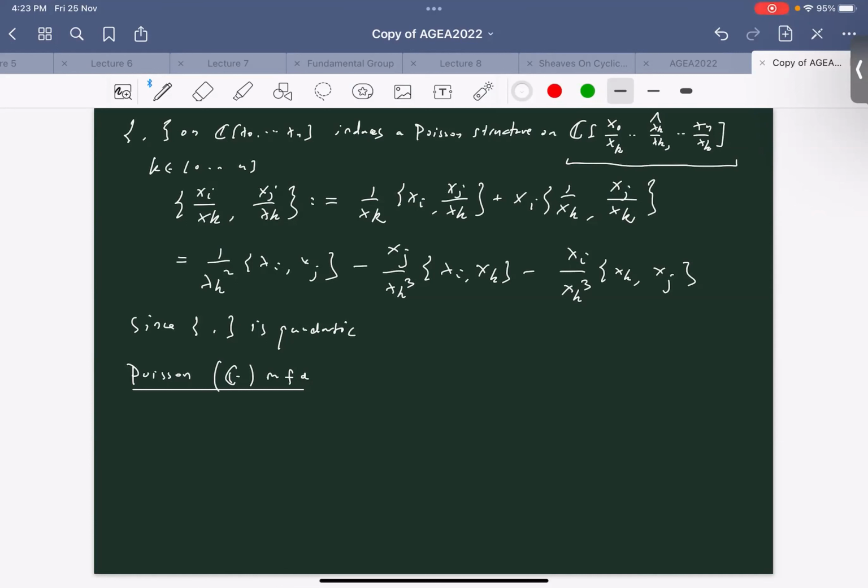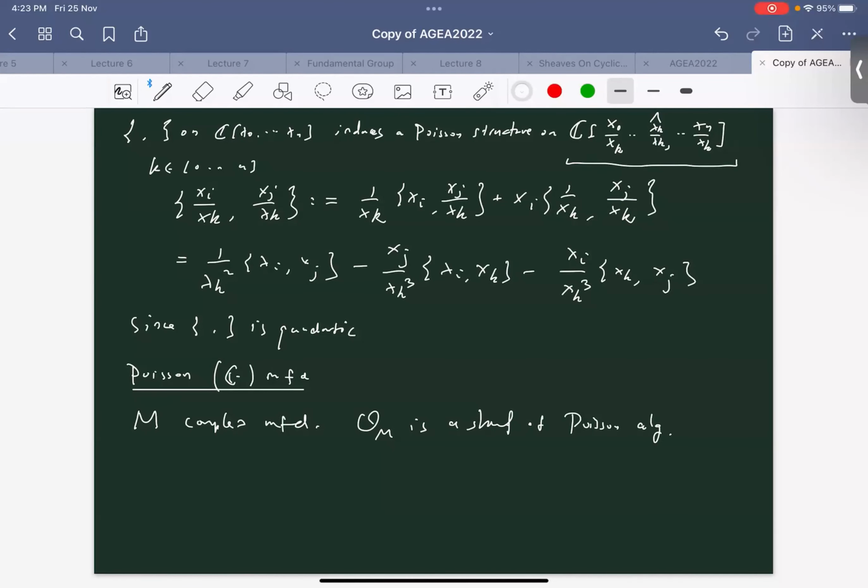Now let me recall the notion of Poisson manifold. I'm going to start with a complex manifold. I'm going to focus only on complex Poisson structures today. It is a Poisson manifold if the sheaf of functions O_M is a sheaf of Poisson algebras.